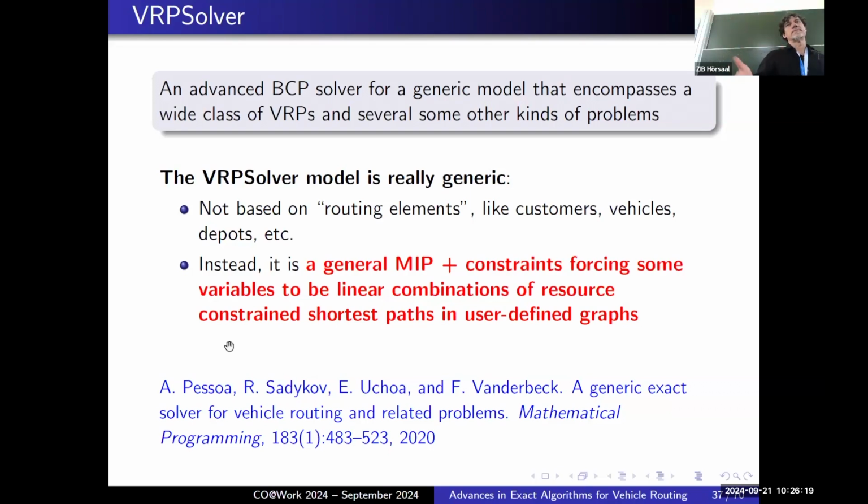You model in VRPSolver, you define a MIP, and you define that certain variables should be linear combinations of resource-constrained shortest paths over certain graphs defined by the user. So you have a completely general MIP, and besides, you say this set X of variables, they should be the combination of those paths. Okay, I'll give an example. So it's very generic.